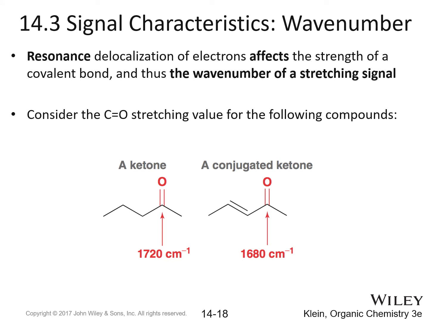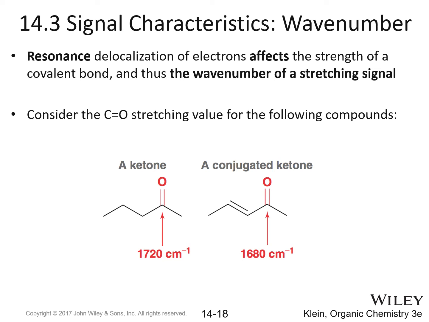We just talked about the type of bond and where we'll see peaks on the x-axis. Now let's take a look at how resonance affects the wave number, or the position on the x-axis. So resonance will typically lower the wave number or lower the frequency.